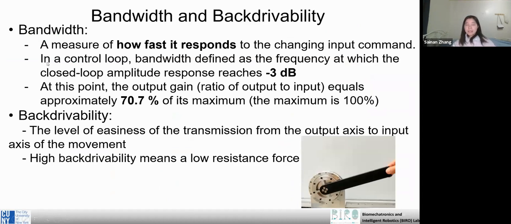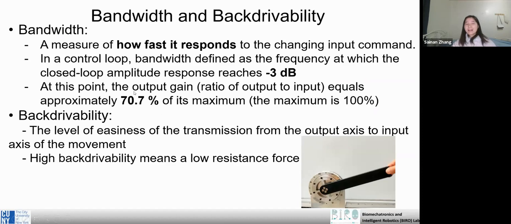And second, in a control loop, bandwidth is defined as the frequency at which the closed-loop amplitude response reaches -3 dB, where the output gain equals about 70.7% of its maximum.